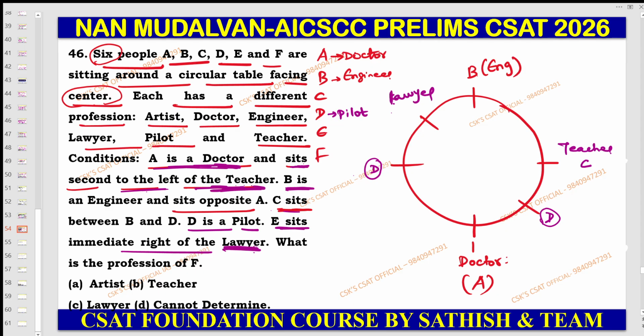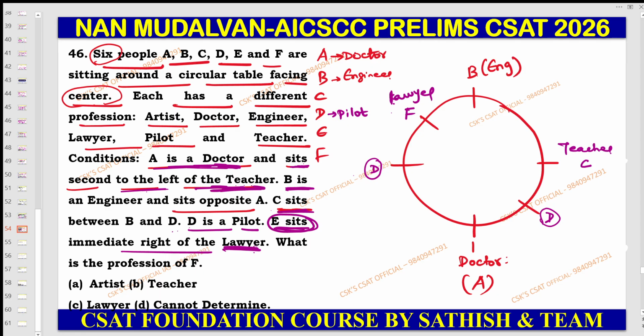Next, C sits between B and D. This is okay. Then who comes here? F comes here. Why? Because E sits immediate right to the lawyer, so D won't be in this place.